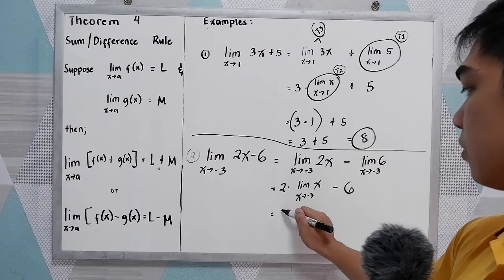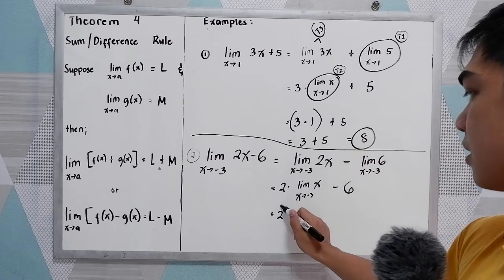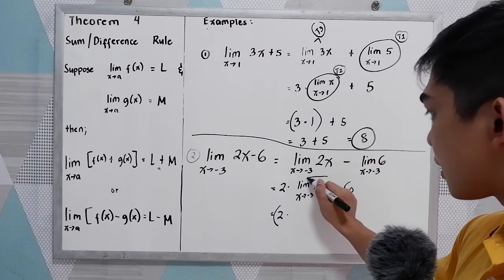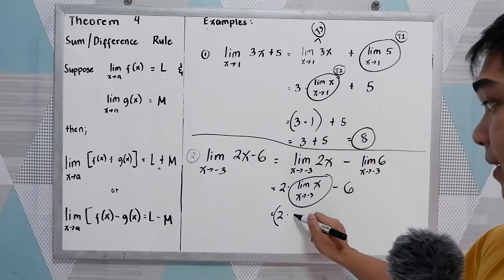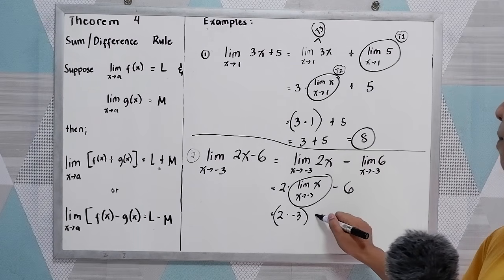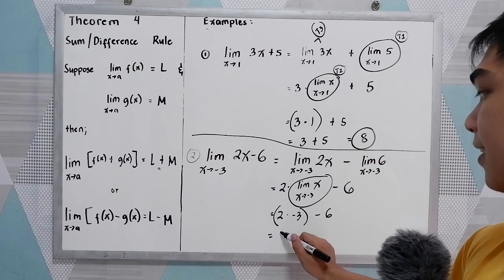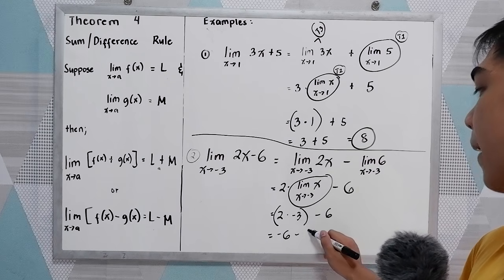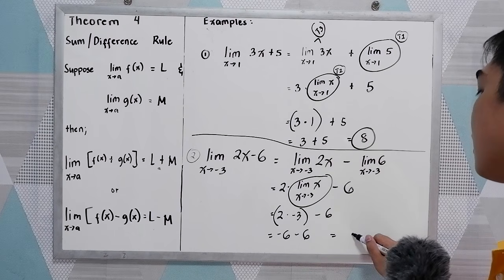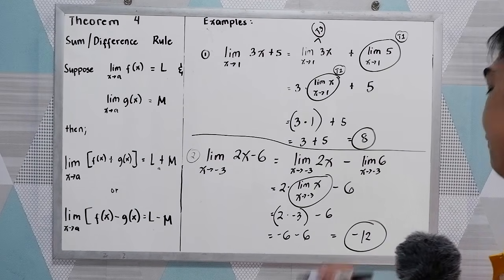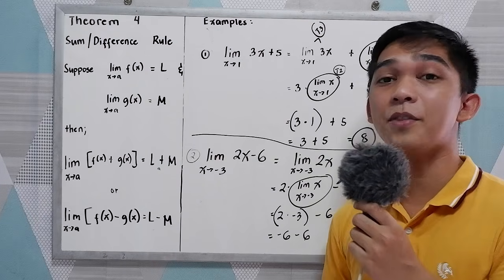Now we have 2 times, use theorem 2, that is negative 3, minus 6. So we have 2 times negative 3, that is negative 6, minus 6, and that is negative 12. That is theorem number 4.